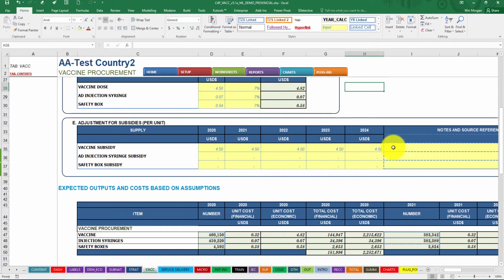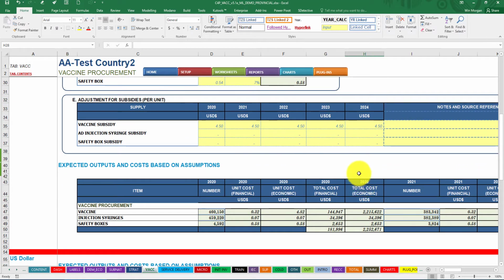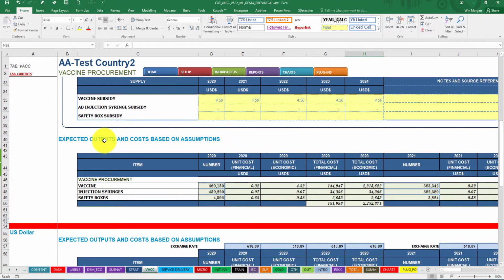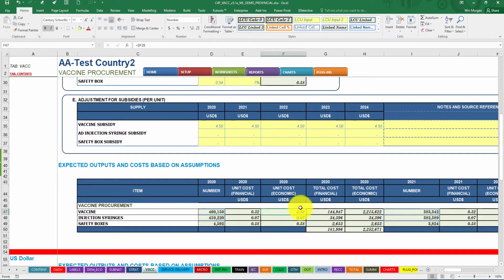Based on the information that you give here, you're going to get expected outputs here on the number of vaccines that you're going to be needing to order, what their unit cost is financially, and what their unit cost is economically. Remember, economic costs include any of the donated costs.